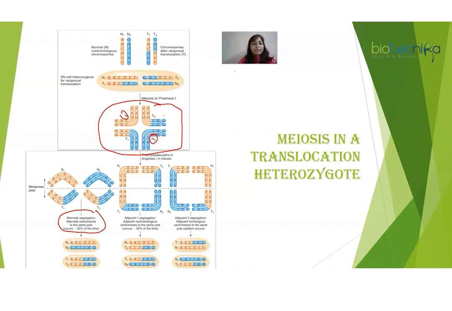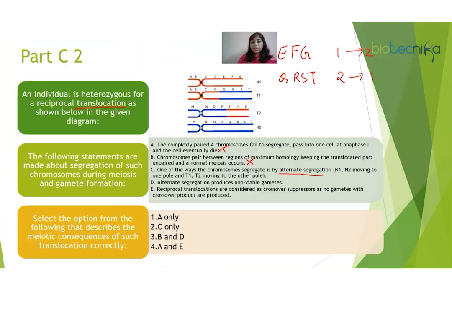A, B, C, D, E, F are present, and G, H, I, J, K, L are also present. The position of the genes is different now, but the genes are present, and that's why the gametes will be viable in alternate segregation. So statement C is absolutely correct.